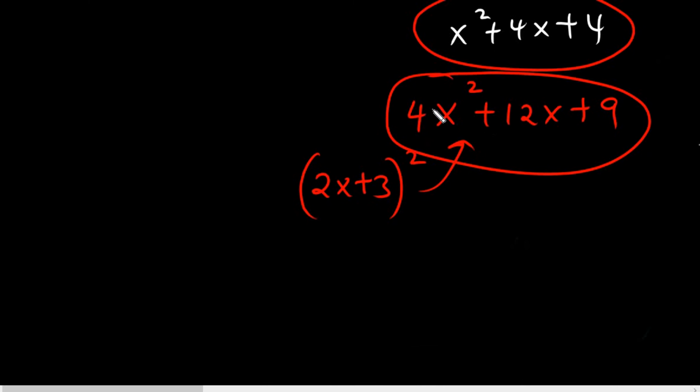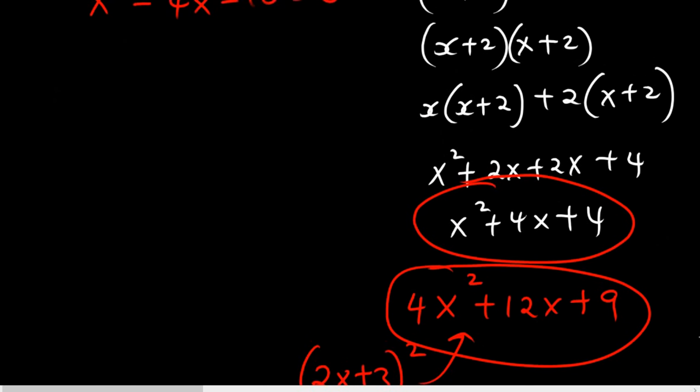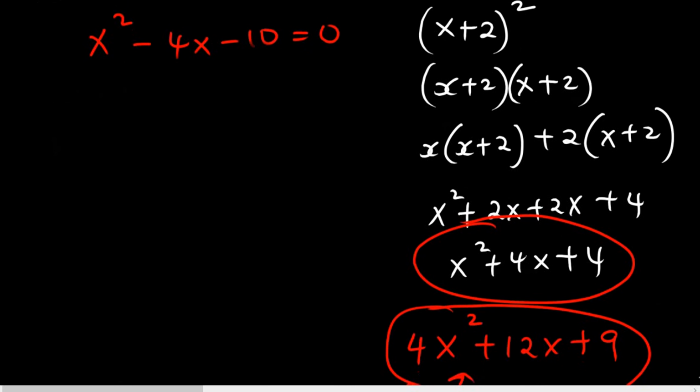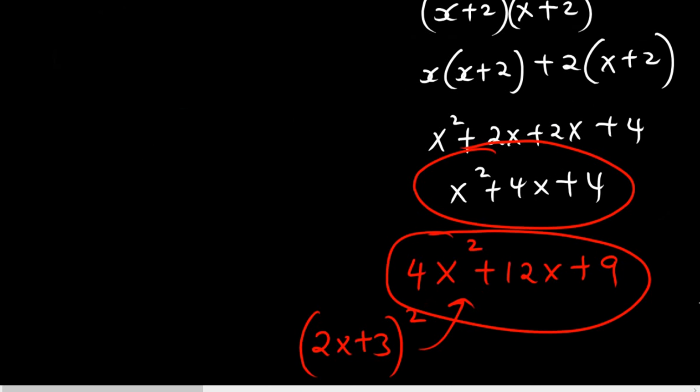Okay? So there's something that I want us to realize about a perfect square. And that is a very important relationship that we're going to use in this method of completing the square. So let's take a look at this perfect square, that is x squared plus 4x plus 4.